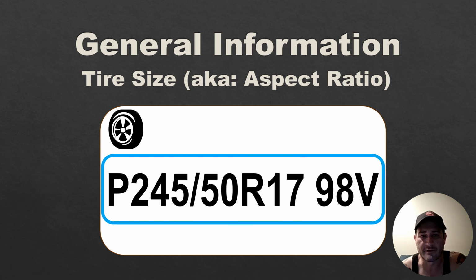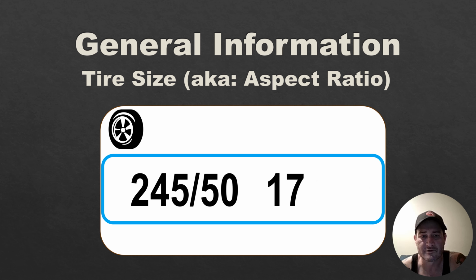And we're looking at these numbers and letters. And I'm actually going to clean this up a little bit here too for this video. I'm going to get rid of the P, the R, and the 98V. So we're left with this 245, division symbol, 50, 17.